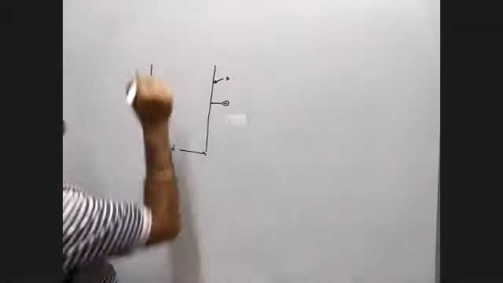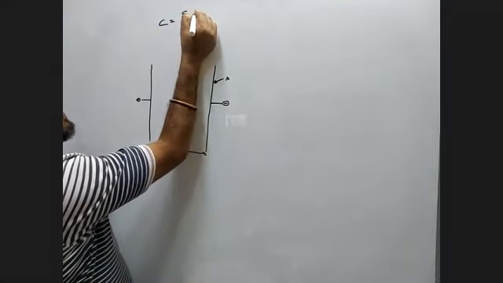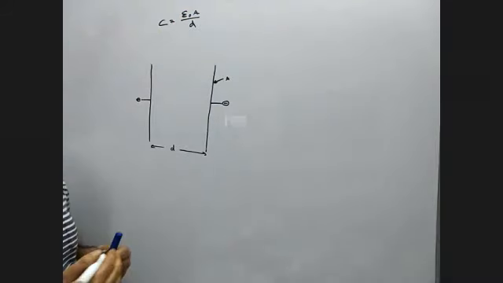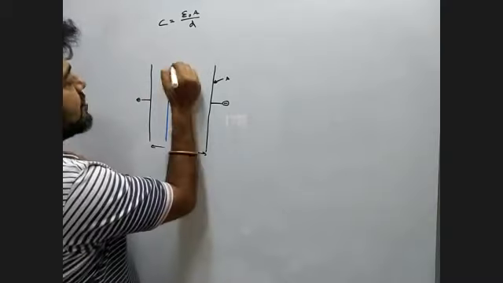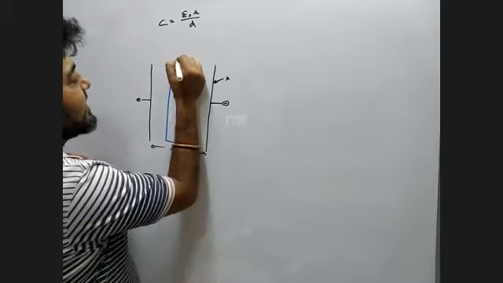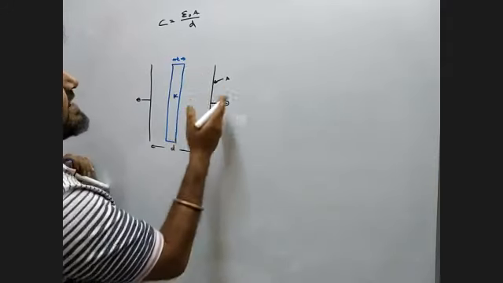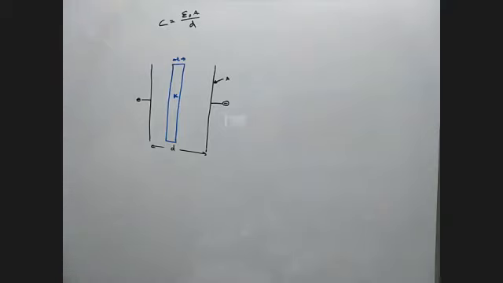And we also know for the air capacitor, the capacitance is epsilon naught A by D. Now the question is: if we insert a dielectric slab whose dielectric constant is K and thickness is T, with the same area as the plate, find the capacitance of the capacitor. I give you one minute, you can try this.